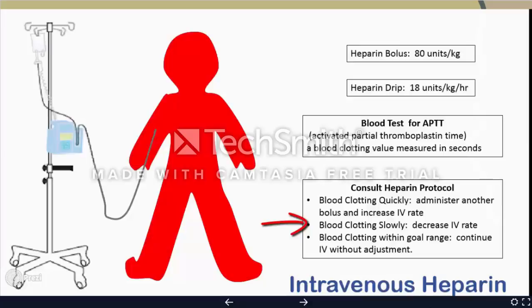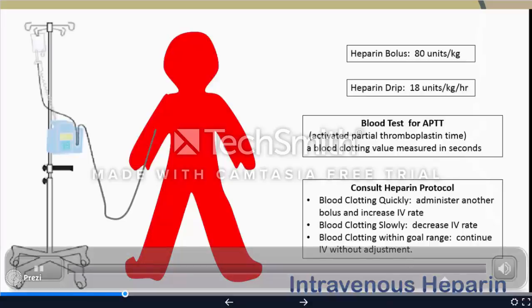If the blood is clotting too slowly, our patient may be at risk for hemorrhage. If the APTT level is within the goal range, we'll know that we have gotten the administration of heparin exactly right for this patient, and so we'll continue the IV without adjustment.